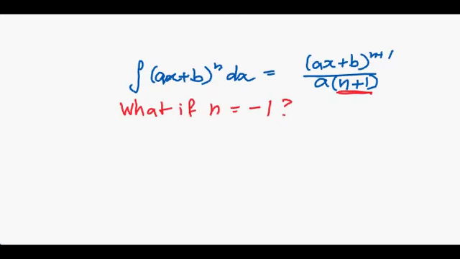You'll agree that if n were to equal negative 1, then we'd have an integral that looks like this. Integral of (ax + b)^(-1), right?